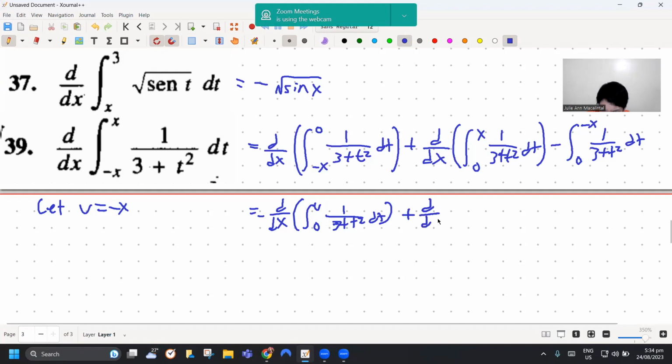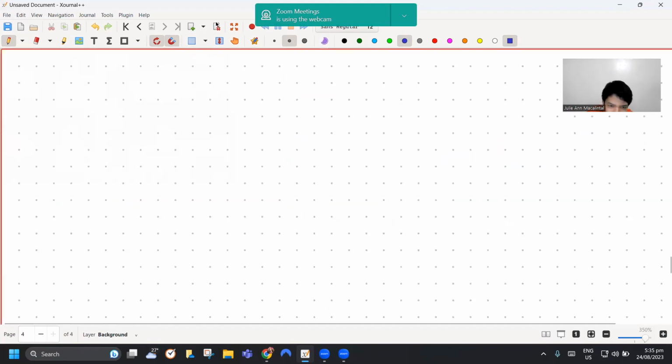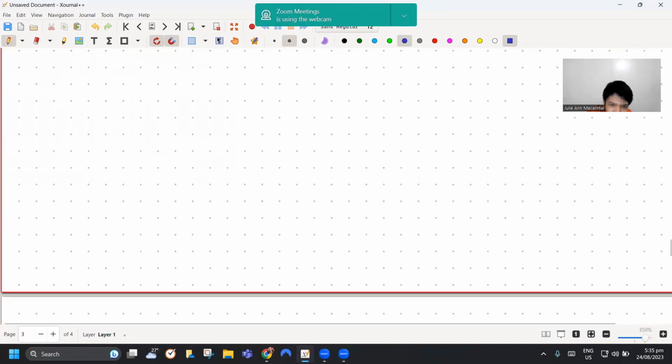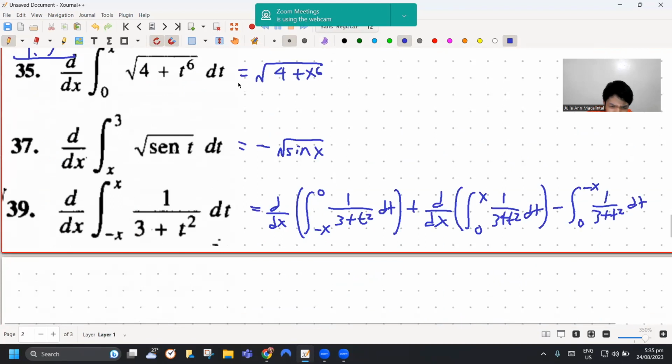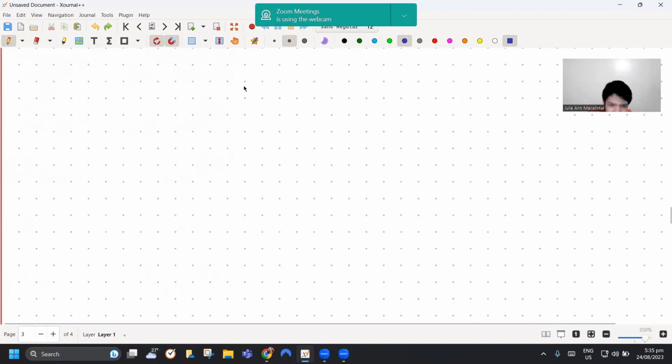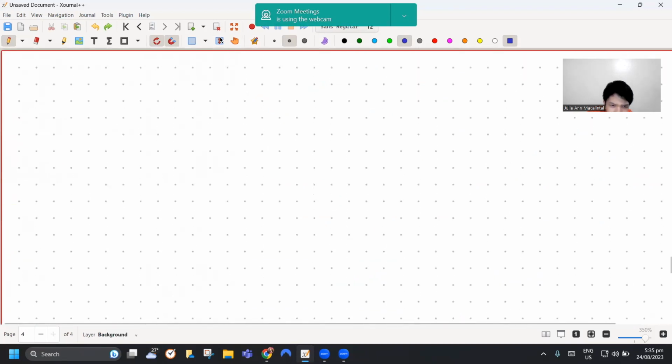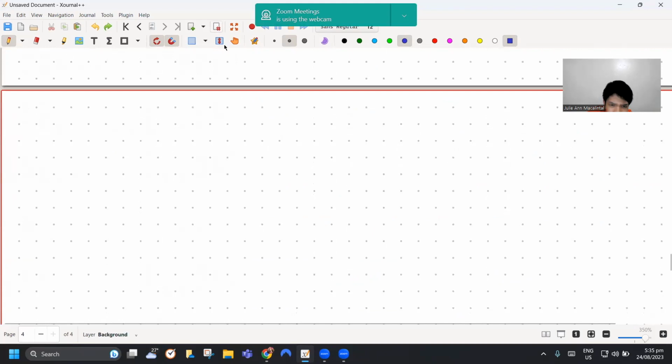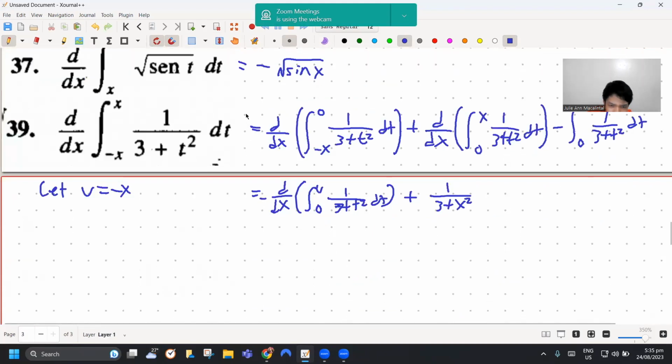Okay. Ngayon, yung second integral, madali nang kunin yung derivative. So, kunin mo na yung derivative. Teka, wala na nung pangatlo, kasi yung 0 to negative x to 0 accounted for lahat na eh. 0 to negative x and then balik ka dun sa line na yon.